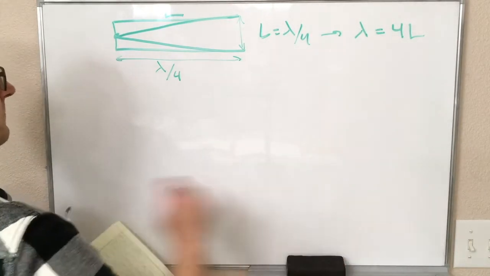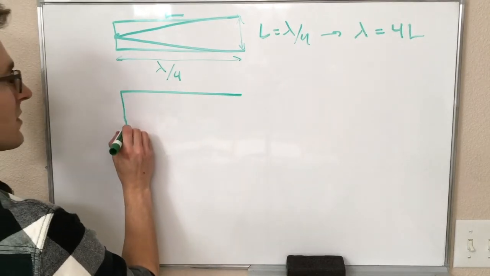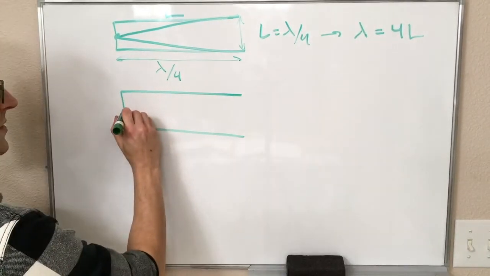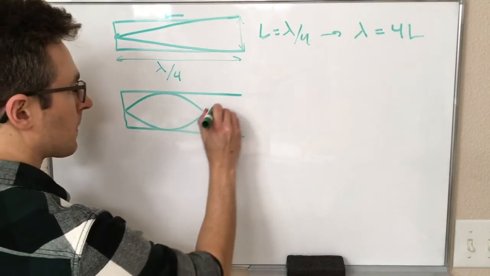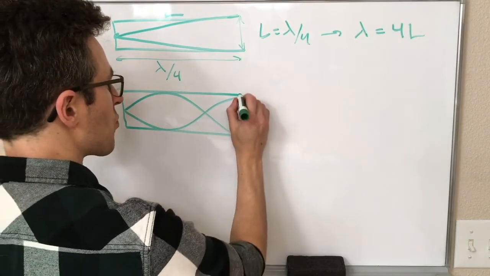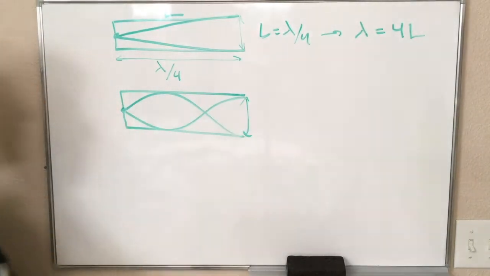All right, so for this same tube, we can also have a standing wave that looks like this. Here we still have a node, and we still have an antinode over here.